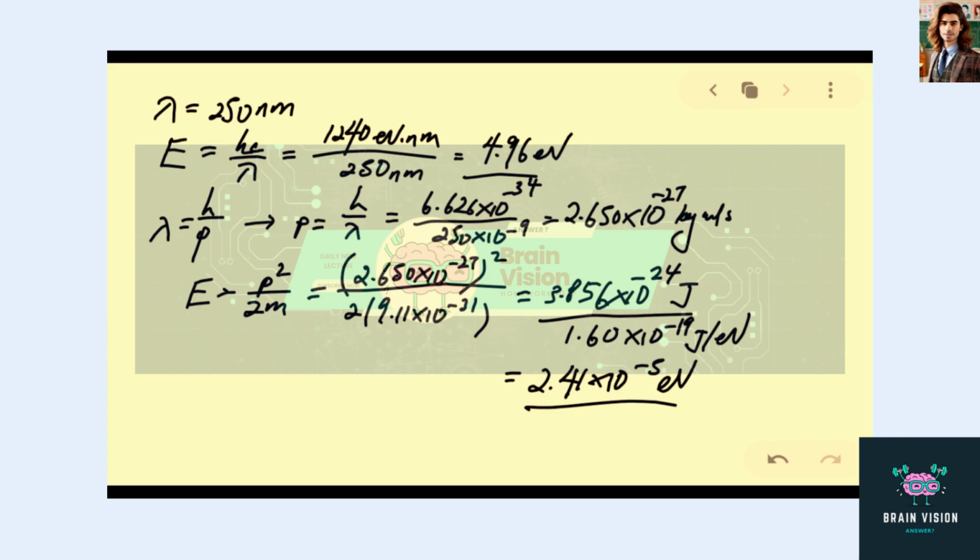Well, given that we want to probe some organic molecule and we don't want to damage it, right? The molecule is given to be about 250 nanometers. So the wavelength that we should use should be also around 250 nanometers. Now, to determine which particle will damage the molecule the least, it depends on the energy, right?